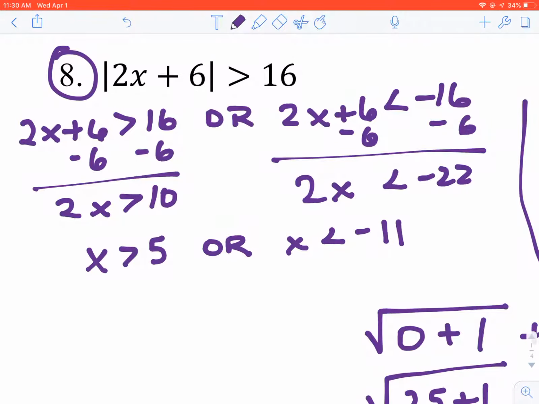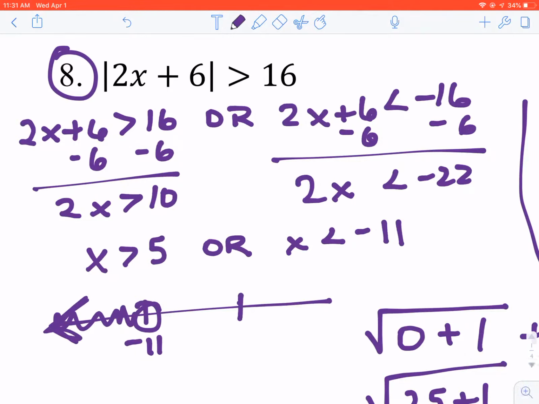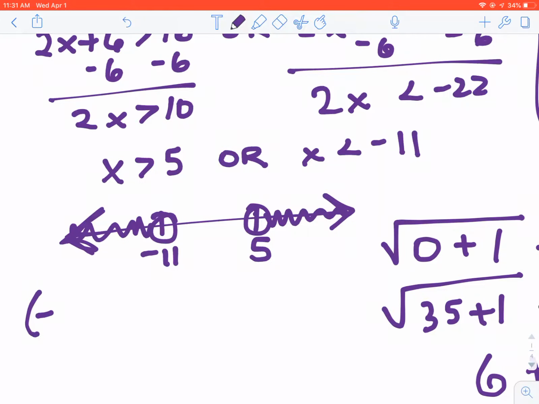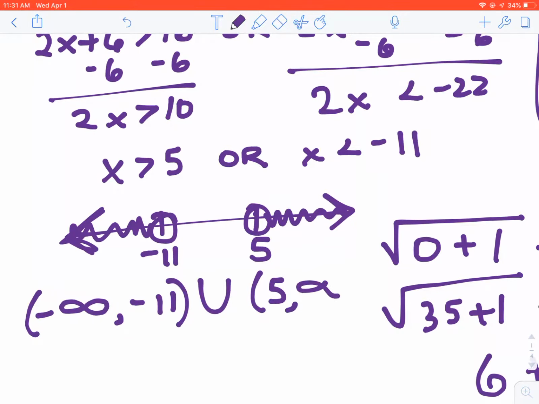So that means if I were to graph it, I would have had negative 11 here, open circle, everything to the left, and I would have had 5, open circle, everything to the right, and then in interval notation, that would have been negative infinity, comma, negative 11, parenthesis, union, and then it would have been 5, comma, positive infinity. And that's pretty straightforward, of course.